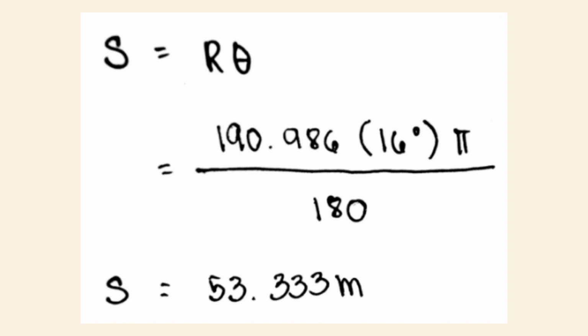Next, for C, first let's solve for S. And that is equal to R I pi over 180 degrees, or in some formulas, it is 2 R I pi over 360 degrees. Substituting values, we have 190.986 multiplied by 16 degrees pi over 180. So S is 53.333 meters.